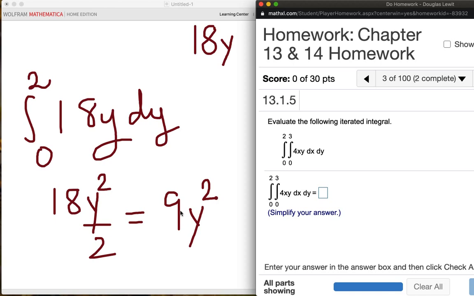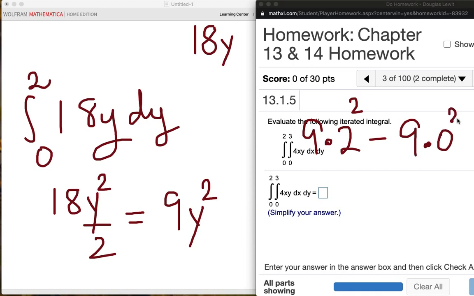When I do the evaluation, I'm going to have 9 times 2 squared minus 9 times 0 squared.